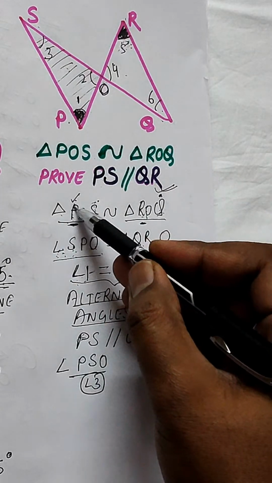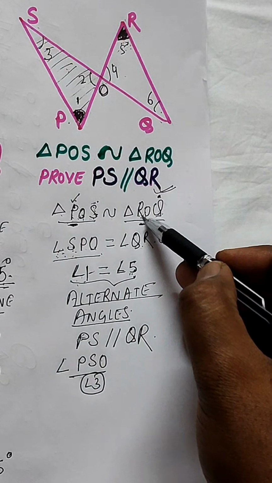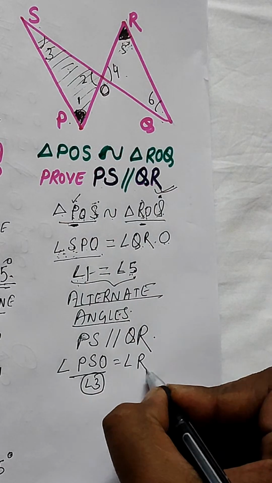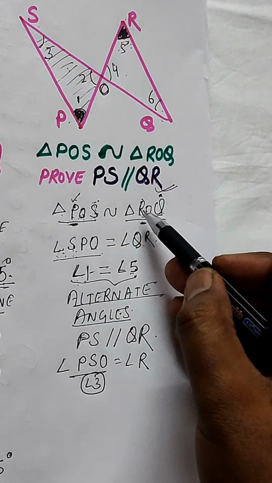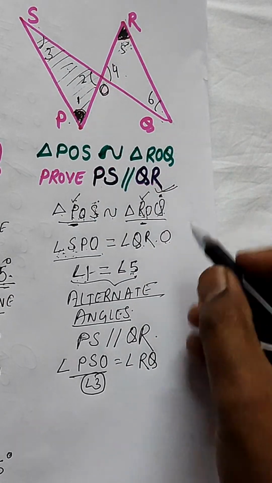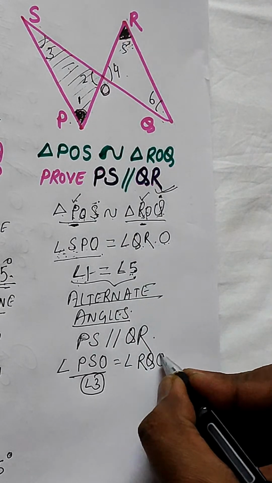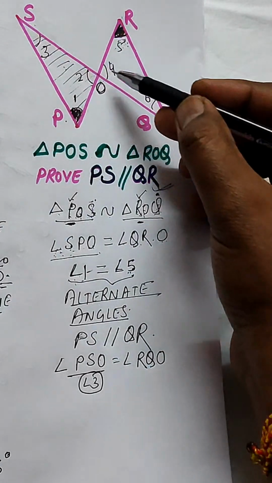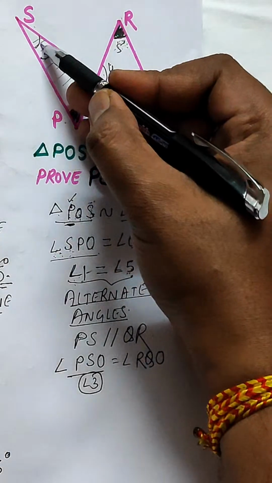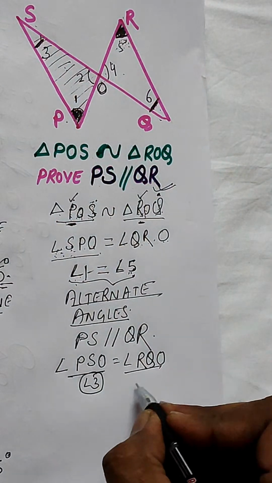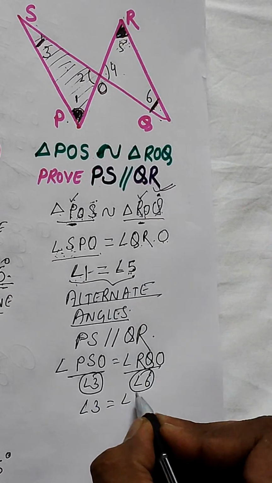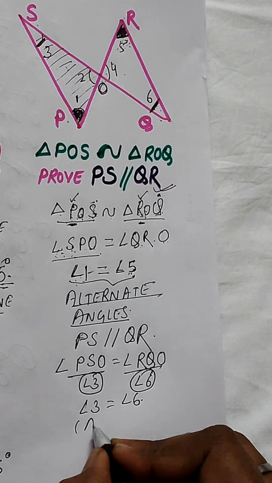Here we have taken the first letter, so here you can also take the first letter, R. Then the last one, after R it's Q, then O. So what is RQO? This one, angle 6, right? So angle 3 is equal to angle 6. Similar alternate angles.